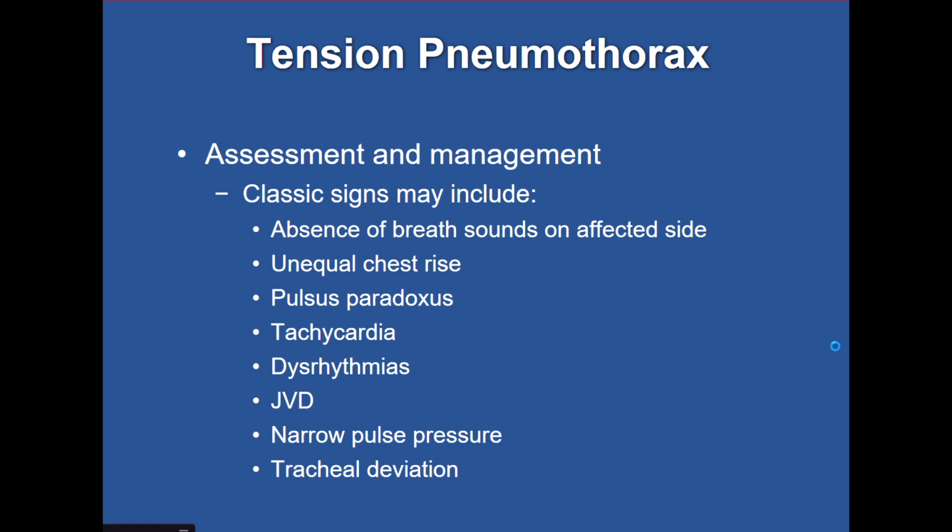Alright, so what are we going to do? Well, when we suspect that we have a tension pneumo, some of the big giveaways are absent or diminished lung sounds on the affected side, and unequal chest rise, where one side of the chest will actually become hyperinflated and it won't go down.